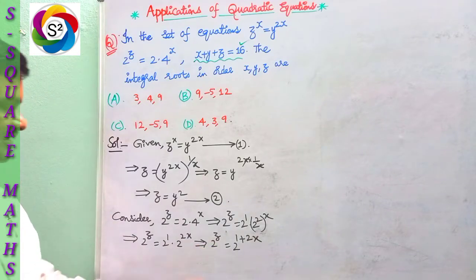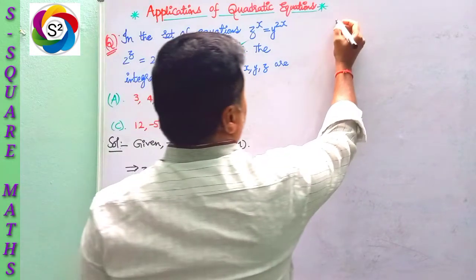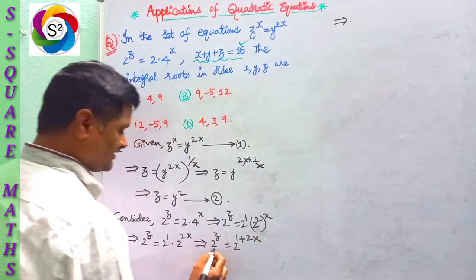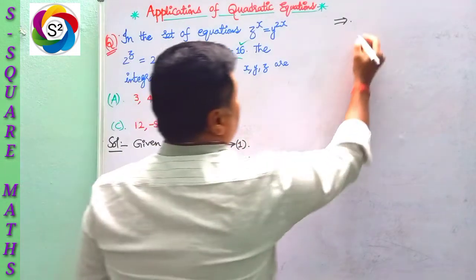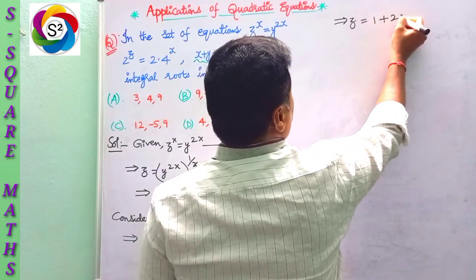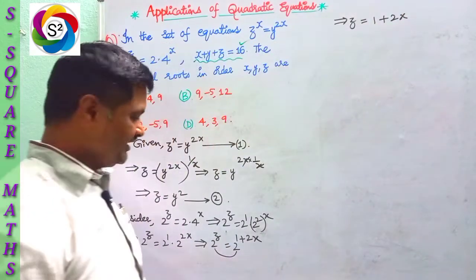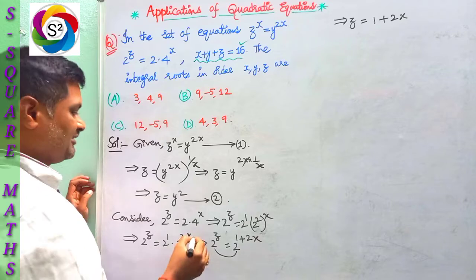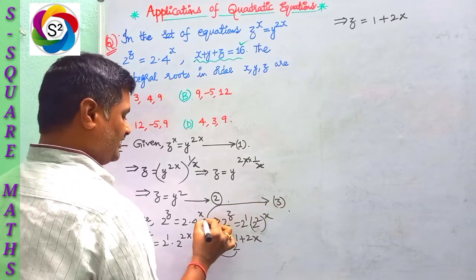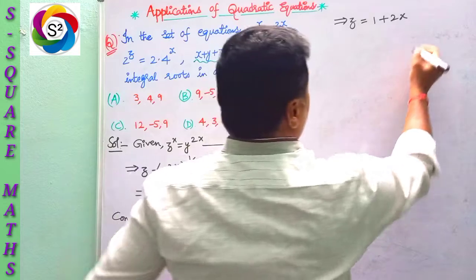Now since the bases are the same, I can write the exponents also the same. So z is equal to 1 plus 2x. This is our equation number 3. This is our equation 4.